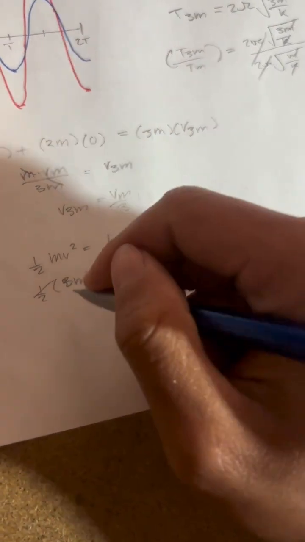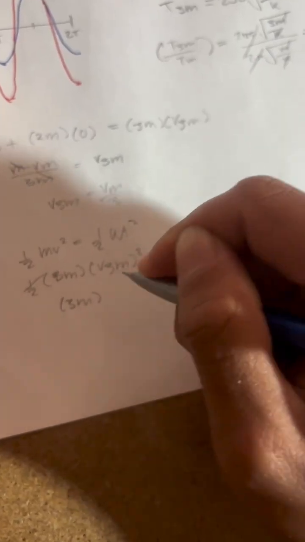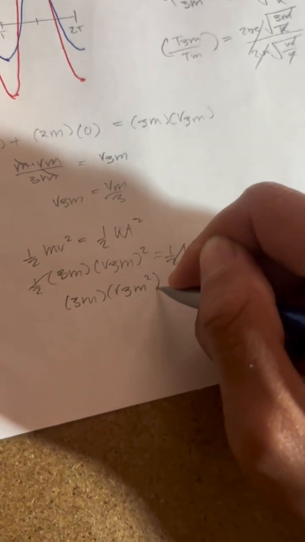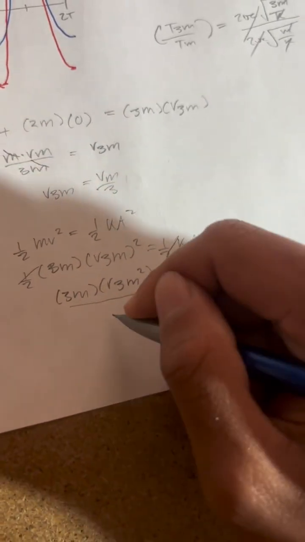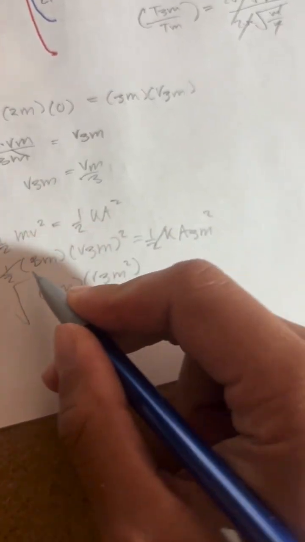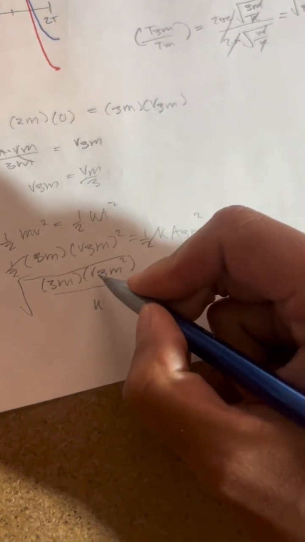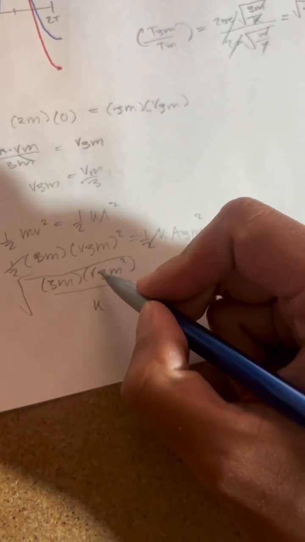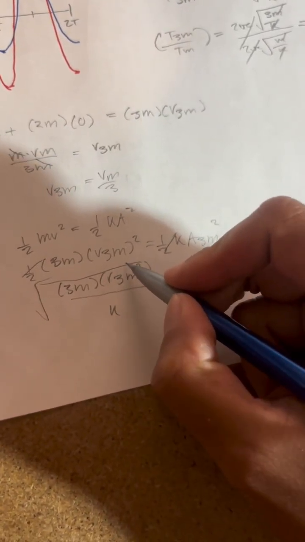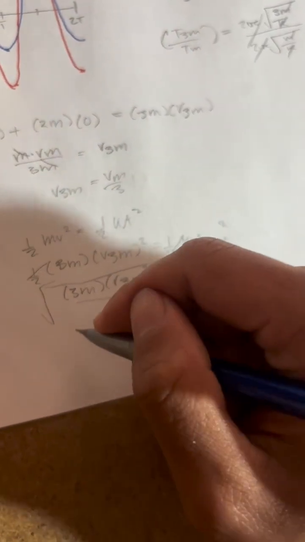for a3m. So I have 3m v3m squared over k, square root that, equals a. And then you see that the v has a squared, so we can just bring it on the outside.